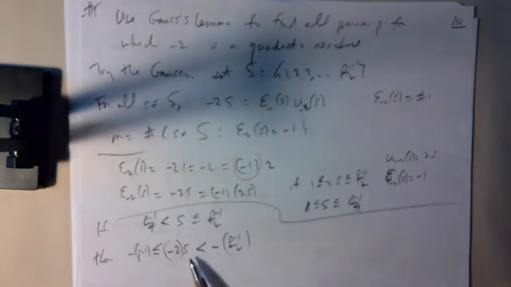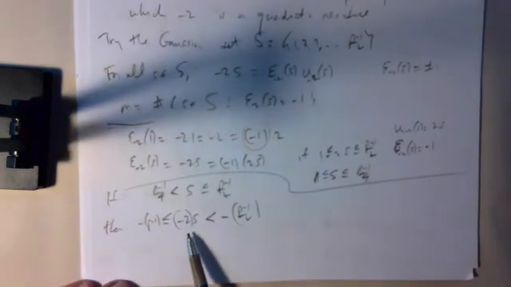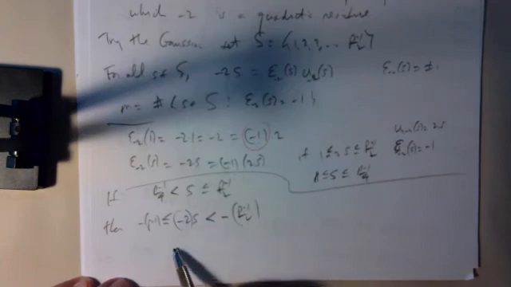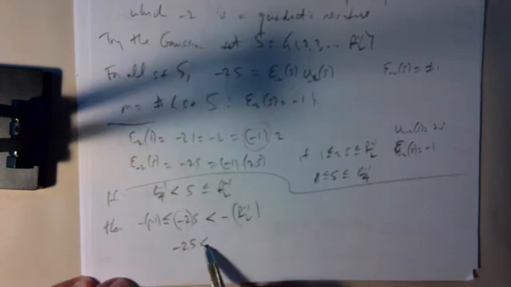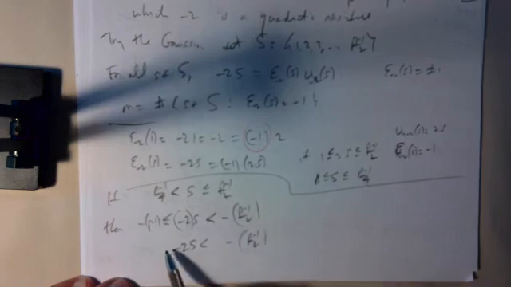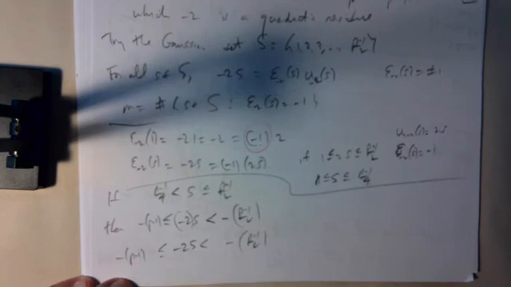If I multiply by −2, −2S is bigger than −(P−1) and less than −(P−1)/2. So −2S is less than −(P−1)/2 and greater than or equal to −(P−1).